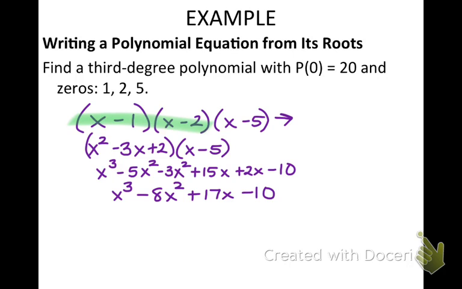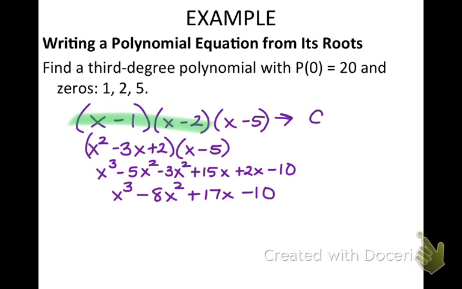We need to think about what number I need to multiply this whole entire polynomial by so that when my x is 0, I get an output of 20. Okay, so this is how we're going to do it.